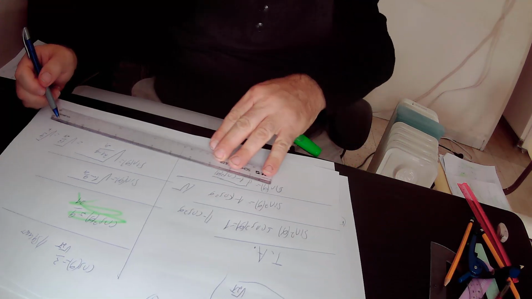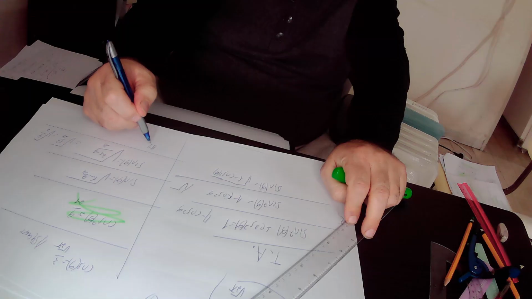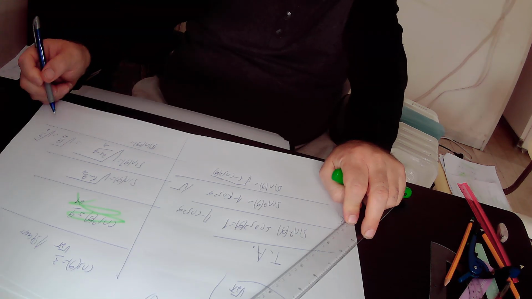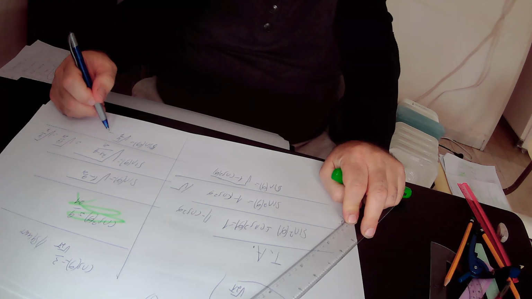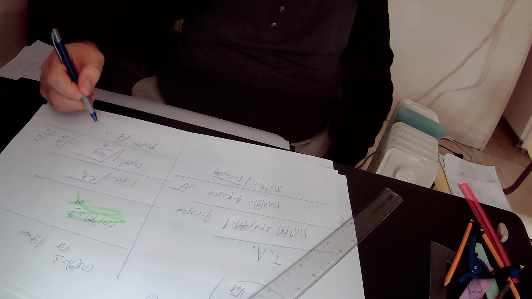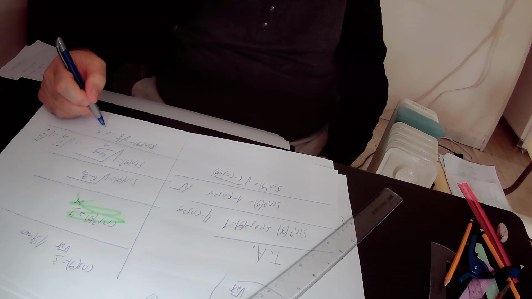So in total we found out that sine alpha equals the square root of 4 over 7. Here we take 4 out of the root, the square root of 4 is 2. So sine alpha equals 2, and inside the root we are left only with 7.